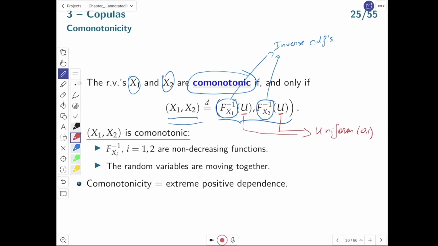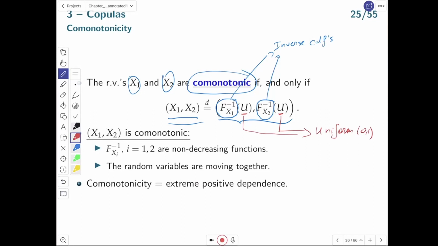So there are two observations you can make here. First of all, you look at X1, X2, and normally you would think, if I want to know what is happening in the future, something happens with X1 and something will happen with X2. They are driven by two different, maybe dependent, random sources, right?